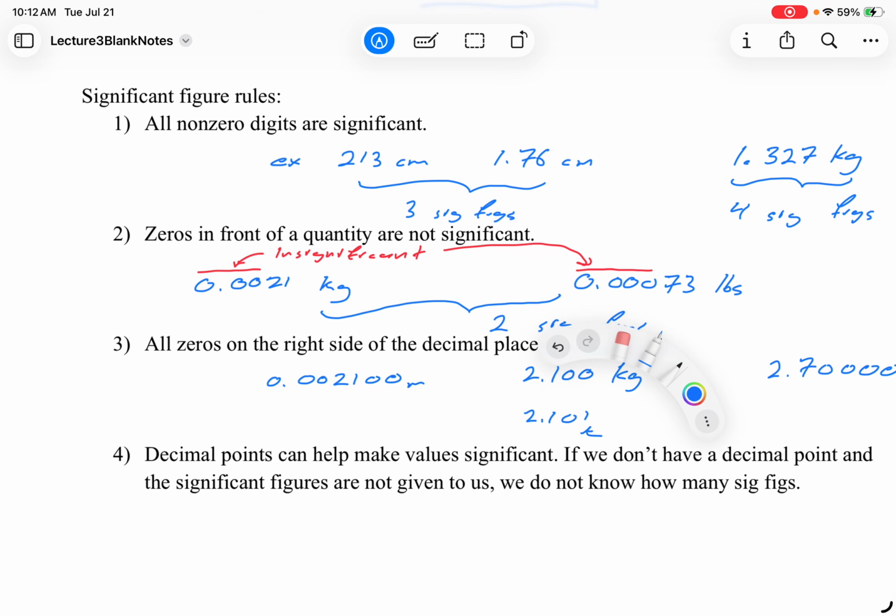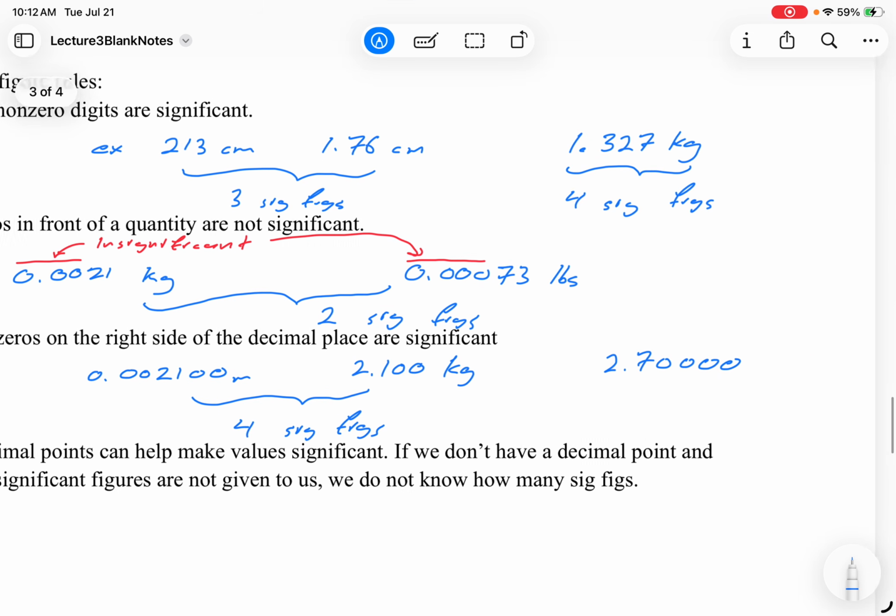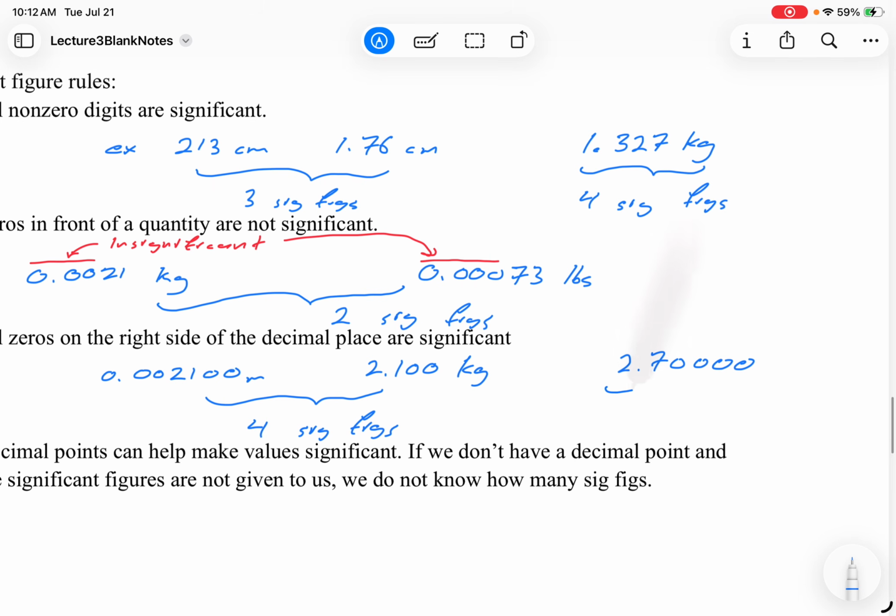Yes, you do. You want your weight to be no more than this. That is why we care about that, so it is significant, right? So these two are 4 sig figs, and using our knowledge, we can say that this here is 6 sig figs.